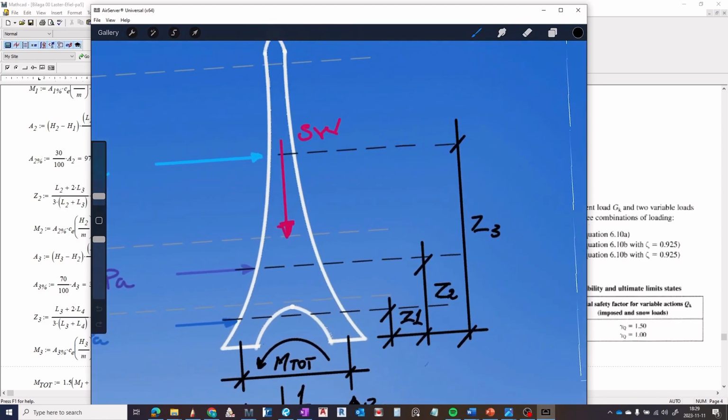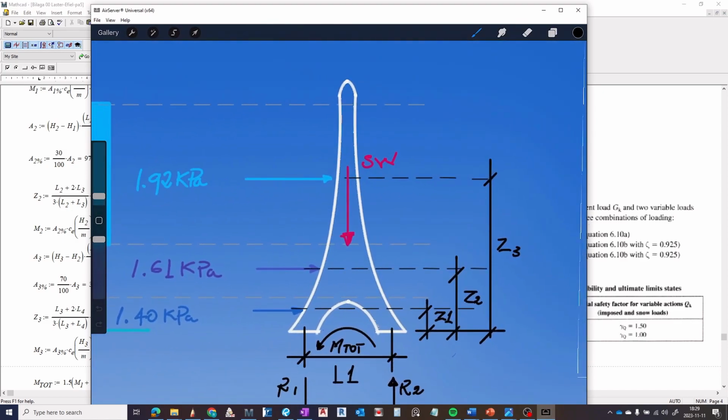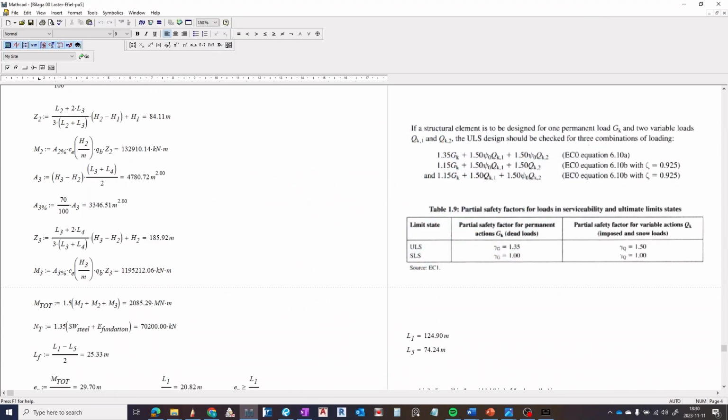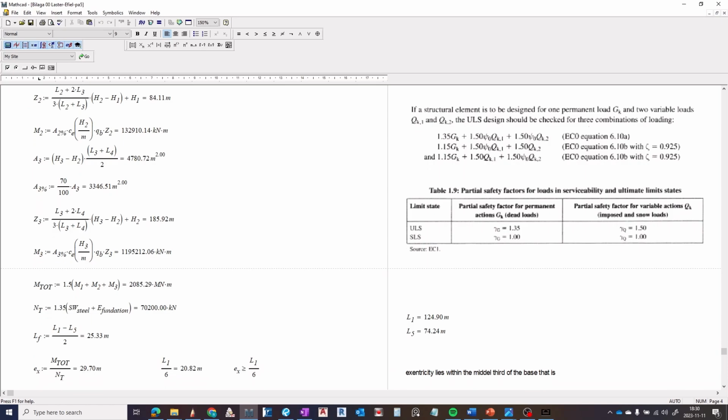Here is for the third level, and there is the force over there. Here I take 30% as well. So I get the lever 185.92 meters, and the moment of this number 3 is a big one.